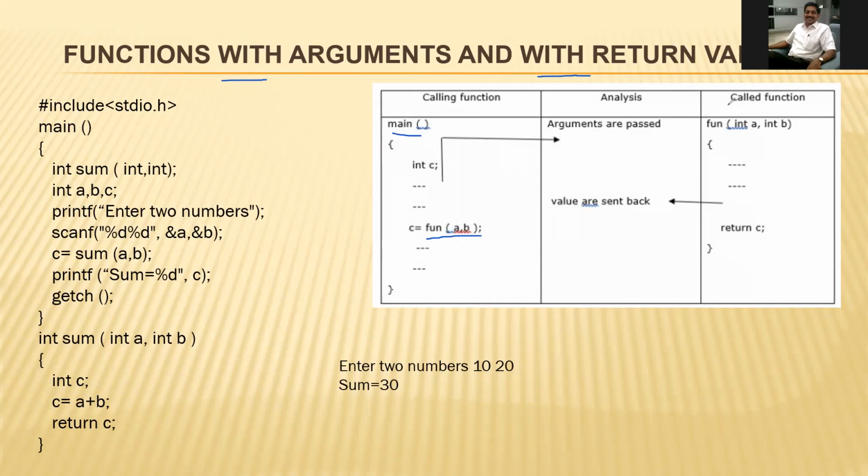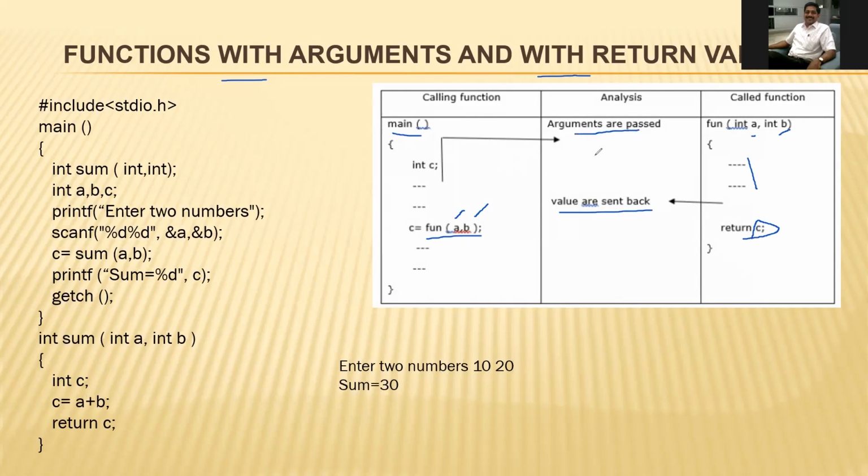The function is written at the right hand side. The values of arguments, A and B, are passed to the called function. Now this called function calculates something, and it also returns the value of C towards the calling function. So values are sent back.